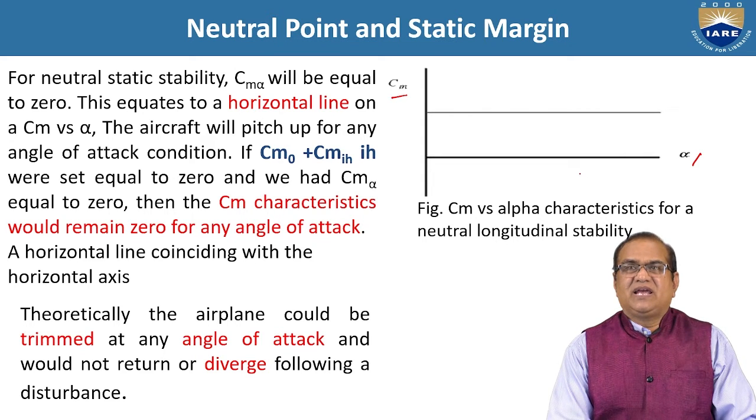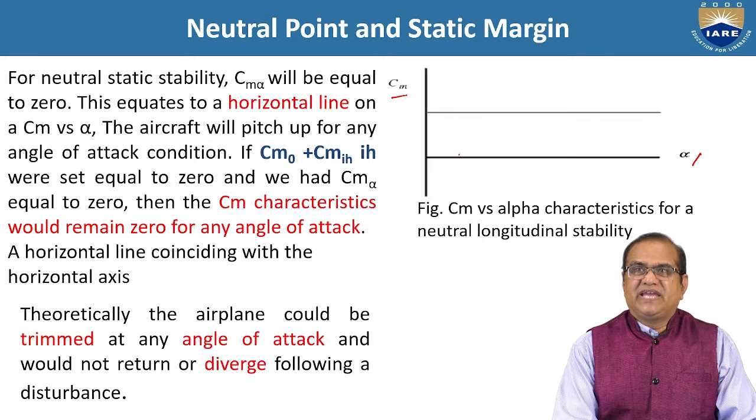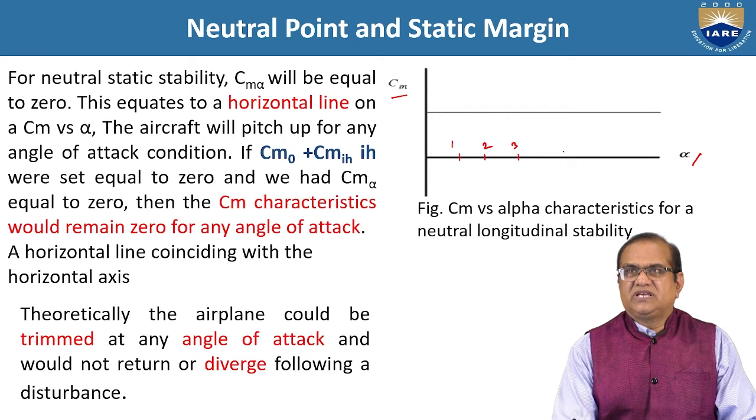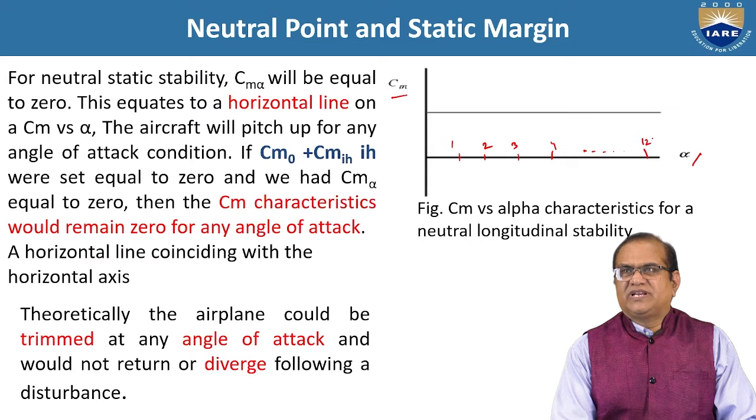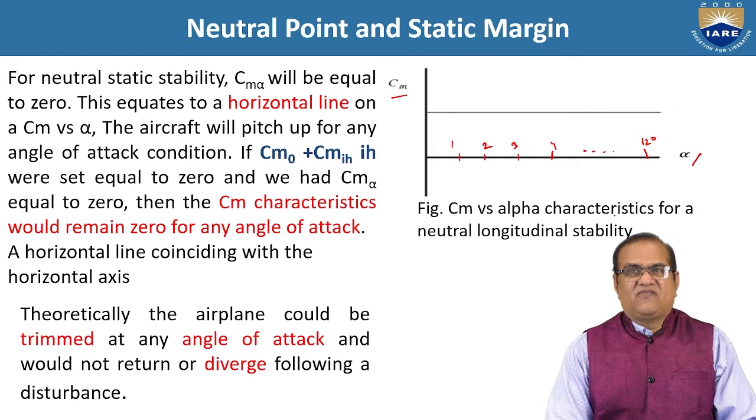The aircraft will pitch up for any angle of attack condition. So if we take any angle of attack, let it be 1, 2, 3, 4 and so on, up to 12 degrees, the aircraft will pitch up for any angle of attack if Cm naught plus Cm iH is set equal to 0.